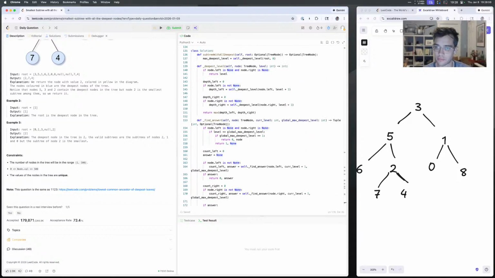So, first deepest level. This is false, zero. So this is false one, false two, two.